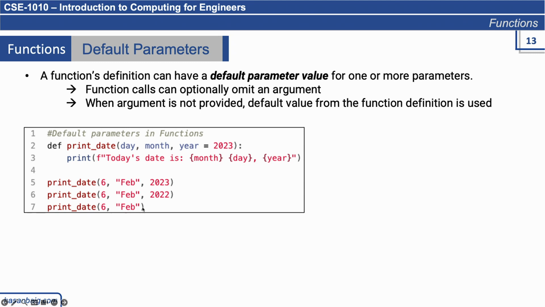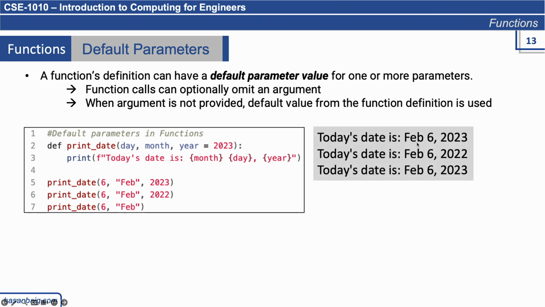So in the third call, the default value of year, 2023, would be used. Where we specify 2022, this default value will be overwritten. This is how we can define a default value of any parameter.